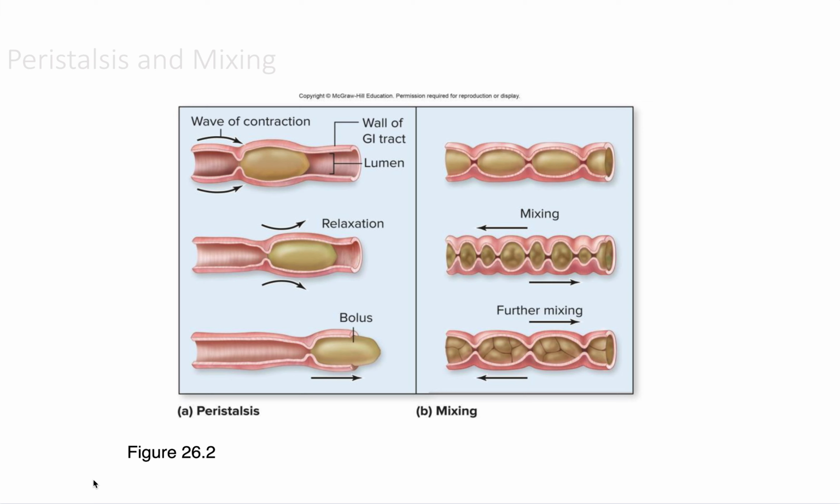So when we look at the difference between peristalsis and mixing, peristalsis is a ripple wave of muscular contraction, remembering that the smooth muscle of the GI tract is what is going to change the overall lumen size.